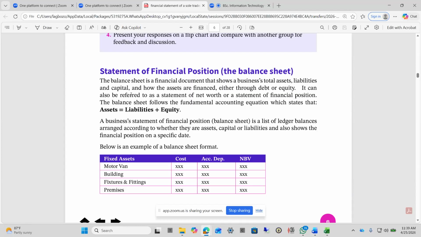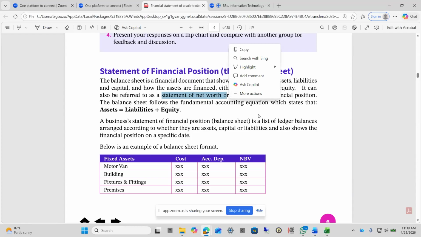Okay, over here we have seen the various names of a balance sheet. Is that correct? So we realize a balance sheet is the same as statement of financial position. It's also the same as statement of net worth. Is that okay?